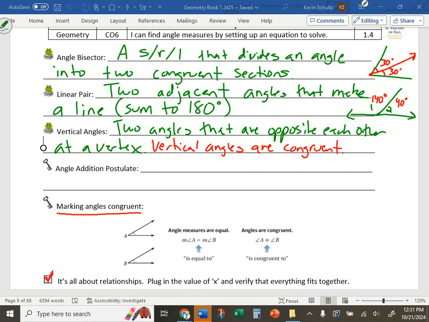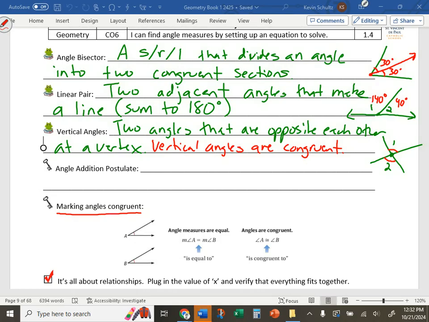An example, something like this. Okay, here's a vertex, angle 1 and angle 2 are opposite each other at that vertex. It means they are congruent, and I can mark that with an arc in each of them. Is there another pair of vertical angles here? Yeah.